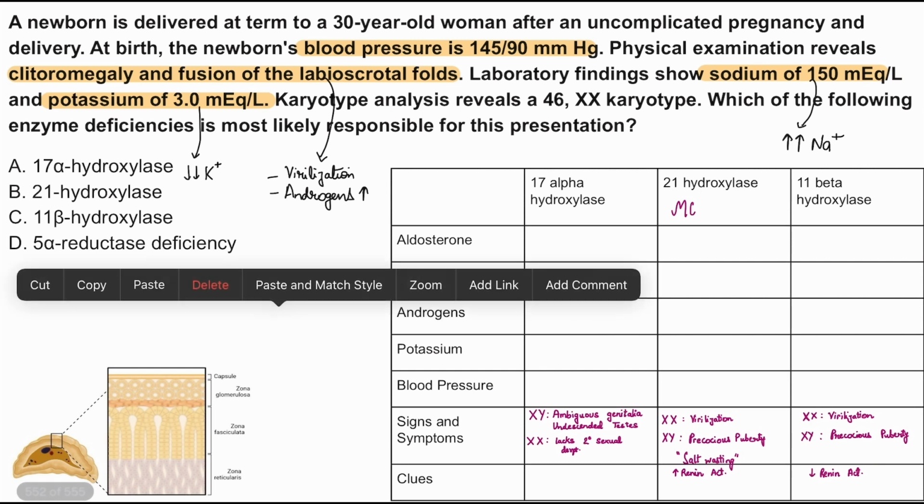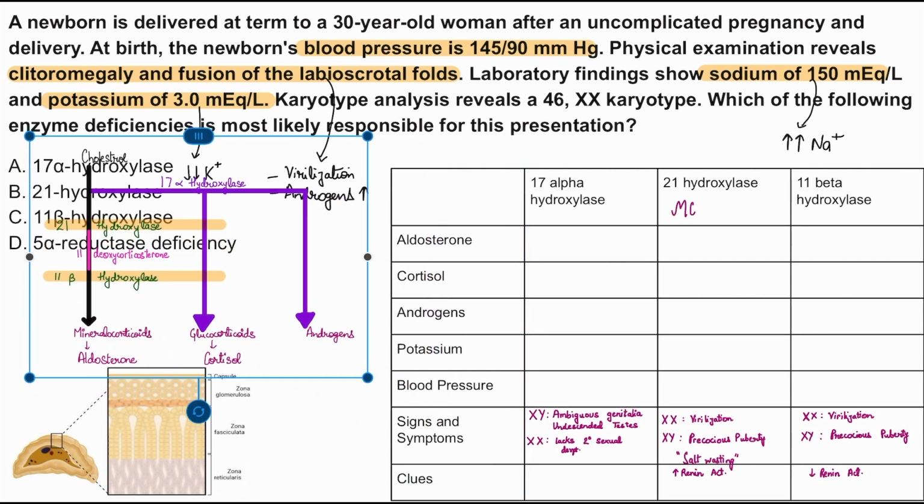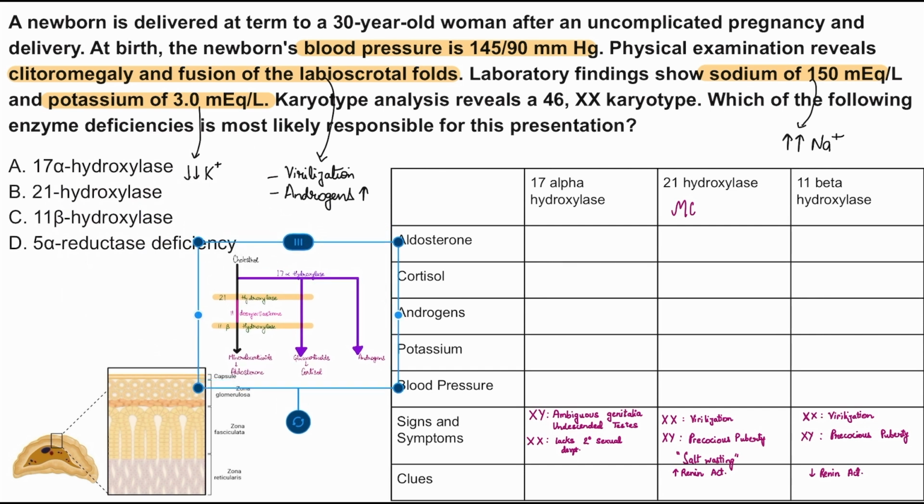So coming back to our question, how do we approach it? Now, if a patient does not have 17 alpha hydroxylase, what will happen? Please follow the purple lines, we will not get glucocorticoids like cortisol and will not get androgens, which means that the whole cholesterol will be pushed to form mineralocorticoids like aldosterone.